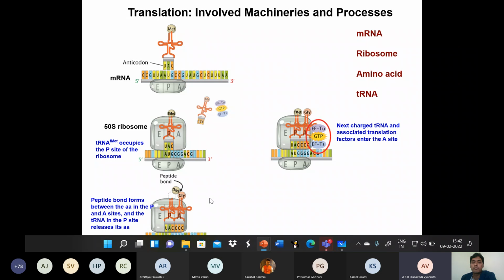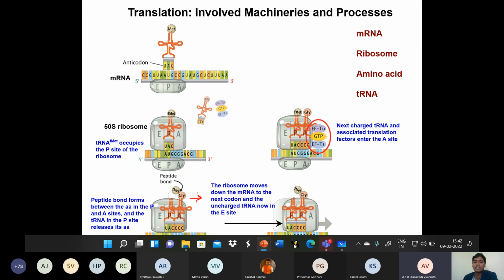Then the ribosome will move further in this direction. This is the previous position of the ribosome, and now it has moved here. As a result, another tRNA will bring another amino acid.